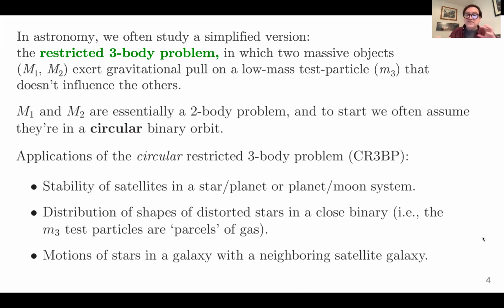Well, if you've got this close binary of two massive objects, the fluid parcels that form the surfaces of those stars are going to get distorted by the mutual forces and the rotation, so you can think about these test particles as little pieces of the surface of these stars. So by solving this problem, we can also figure out the shapes of distorted stars in a binary system.